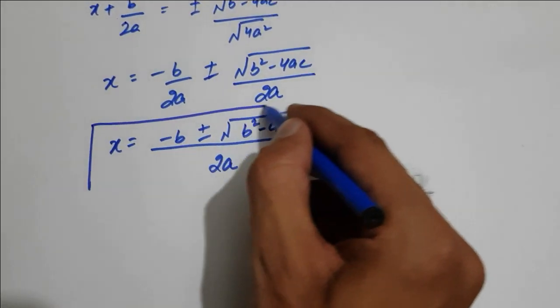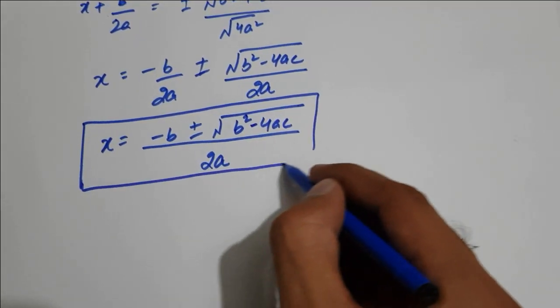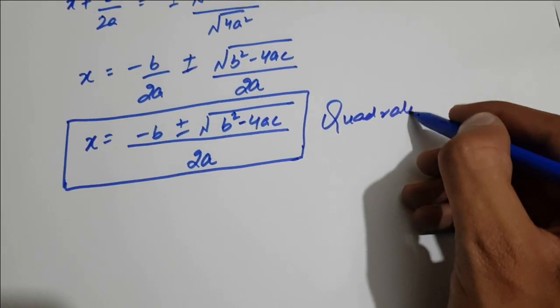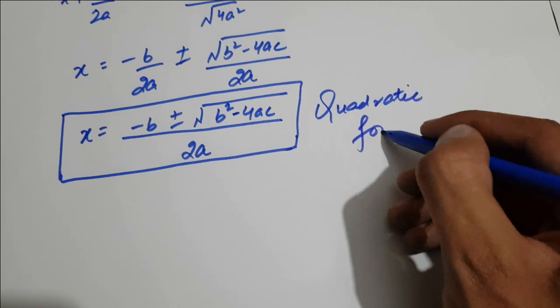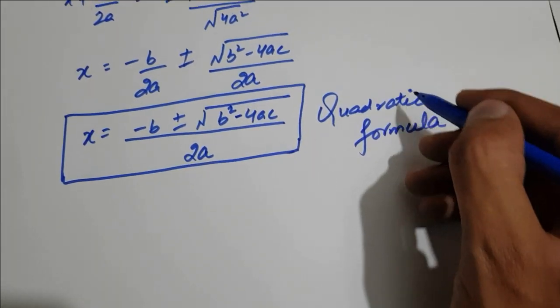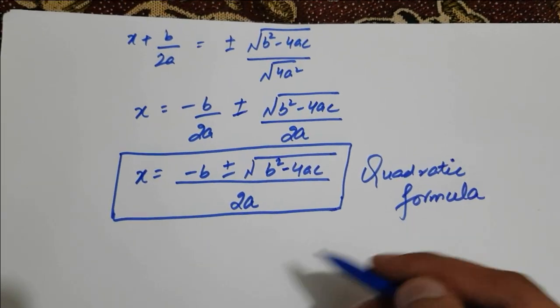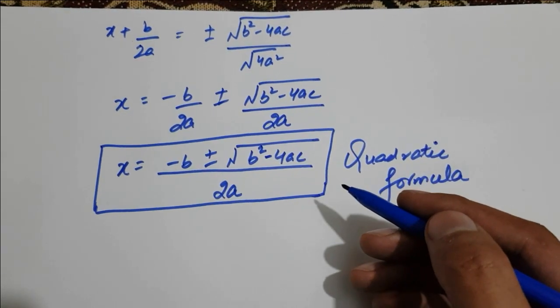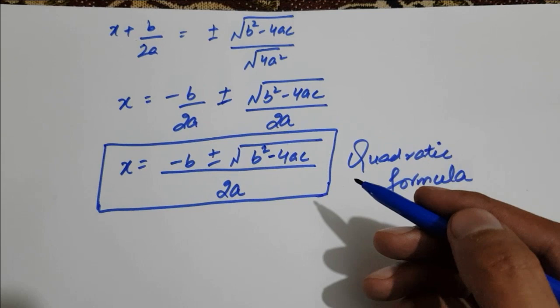This formula is said to be the quadratic formula. So in case you have to derive the quadratic formula, you just have to apply the completing square method on the standard form of the quadratic equation.